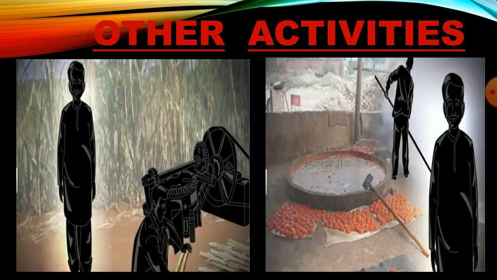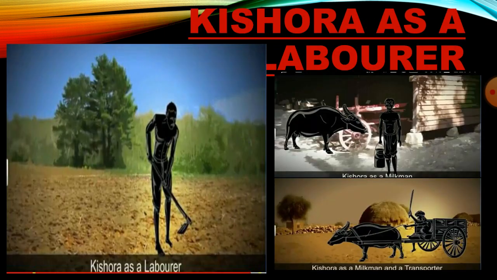Mishri Lal also buys sugarcane from other farmers and processes it into jaggery. The jaggery is then sold to traders at Shahpur. In the process, Mishri Lal makes a small profit. That is, the first picture is of the sugarcane machine and the other picture is of Mishri Lal making jaggery out of it.